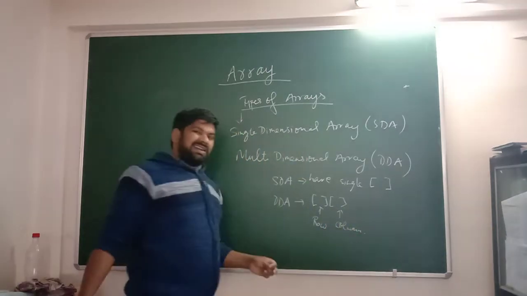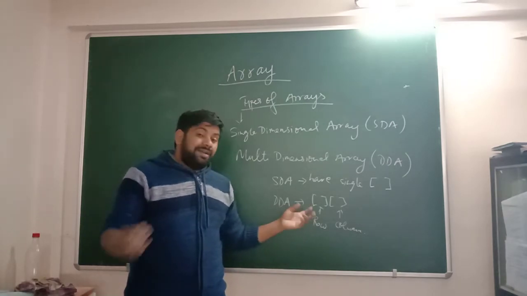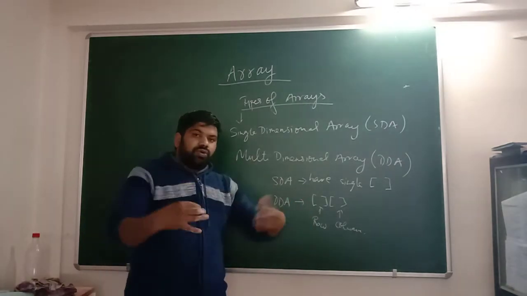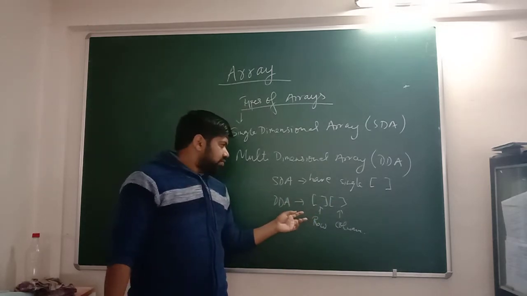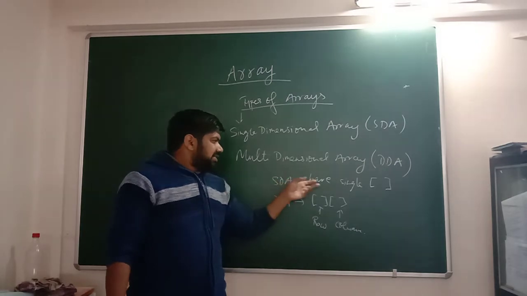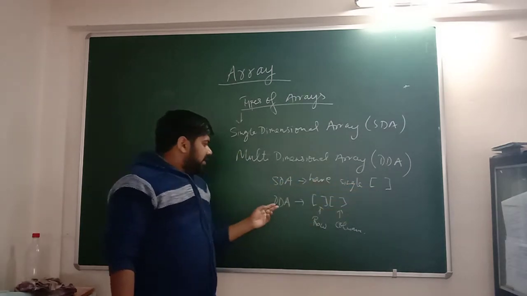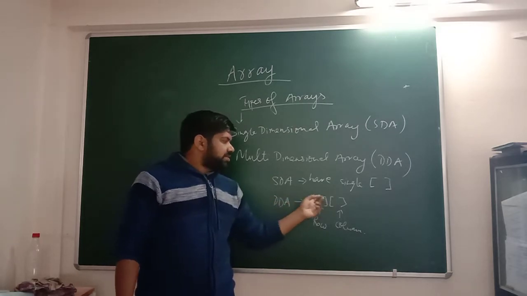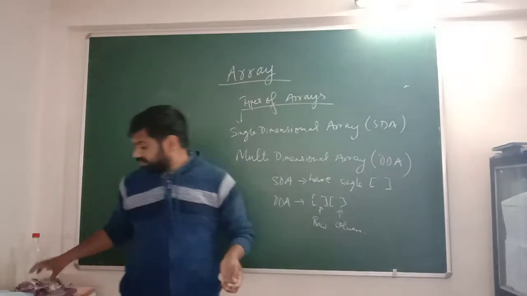I think you have done matrices in mathematics, so this is related to matrices. Whatever is stored inside the array is stored in the form of rows and columns. Later on we are going to do this. So SDA means single dimensional array, denoted by a single bracket, and DDA, double dimensional array, means two subscripts are used and it is denoted by rows and columns.